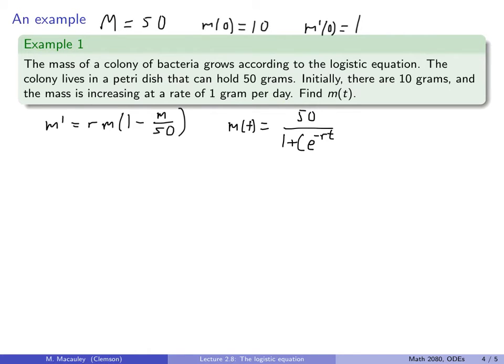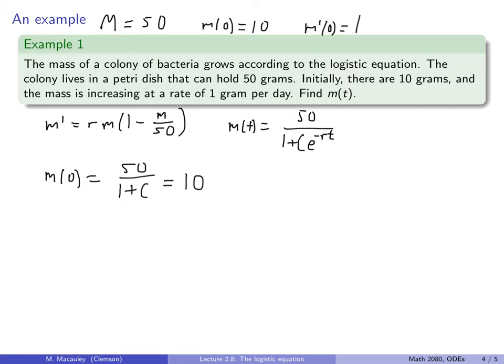So let's plug in the first initial condition. This is the simplest one because it involves plugging in 0 and not taking a derivative. So m of 0 is 50 over 1 plus c, and that equals 10. So 50 divided by 1 plus c equals 10.